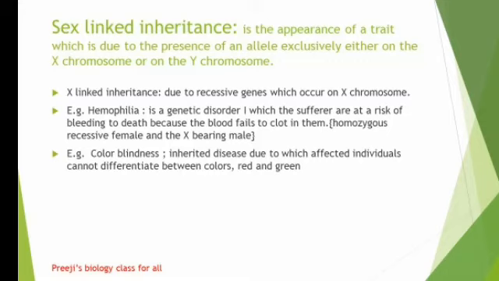Who is a homozygous female? Homozygous female means both the parents have the condition, colorblind. If a colorblind mother and a colorblind father are there, then the female child will get it. If only the mother has it or only the father has it, then the male will be the sufferer, not the female.